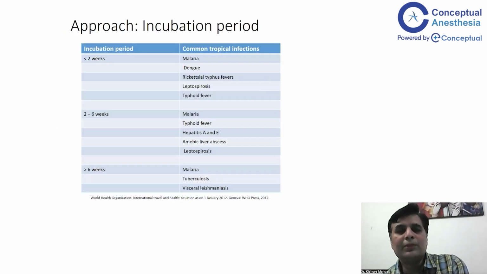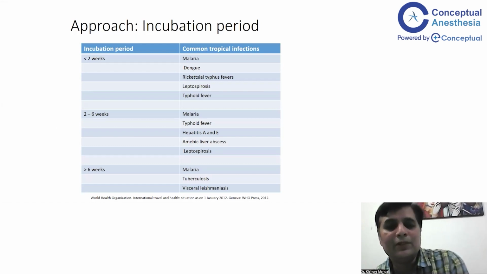Then you must know the incubation period of common tropical infections. For malaria, dengue, rickettsial and typhus fevers, leptospira, and typhoid fever, the incubation period is almost less than 2 weeks. For malaria and typhoid fever, along with hepatitis A, E, liver abscess, and leptospira, the incubation period may vary from 2 to 6 weeks.